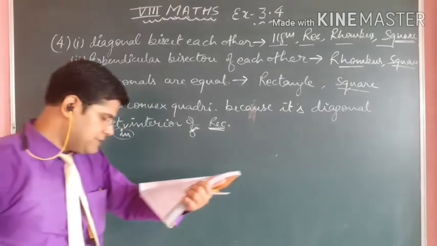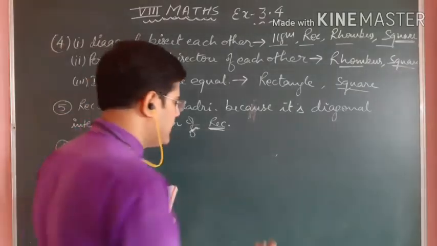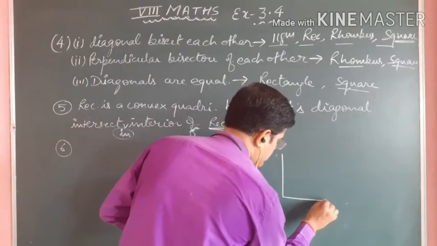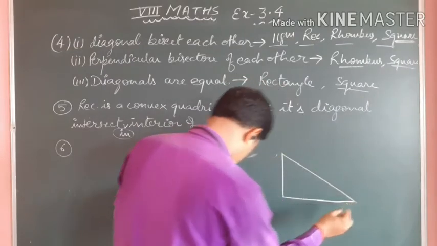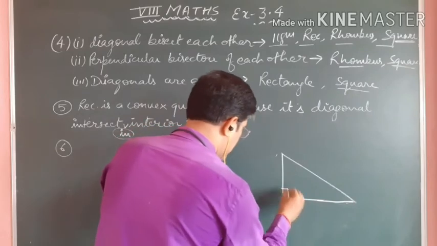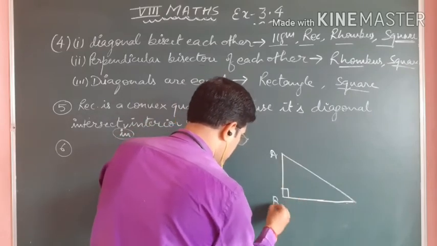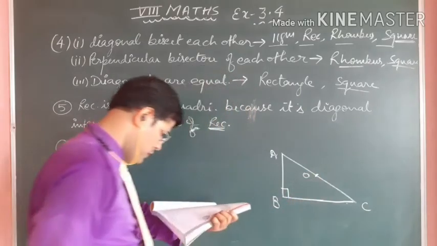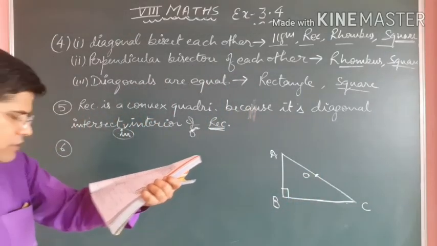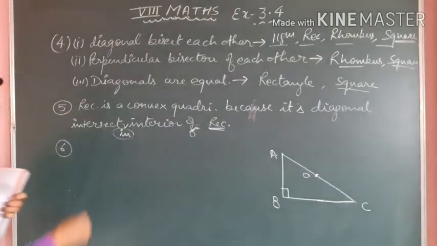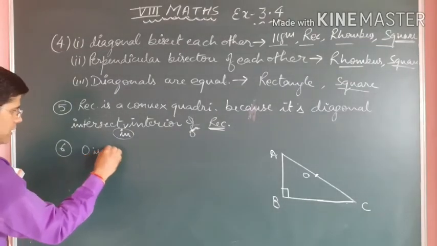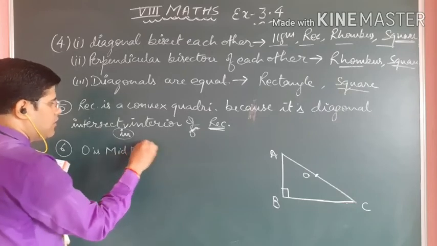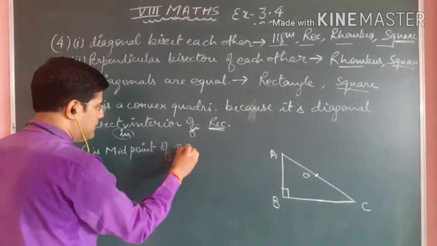It is given that ABC is a right angle triangle. So we can write B here, A, B, C. This one is the right angle, and there is a point O. Okay, students, O is the midpoint of AC.